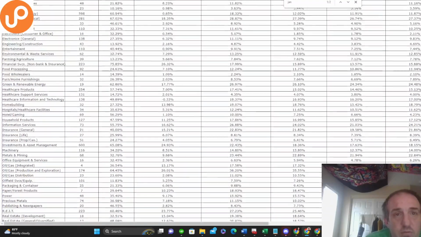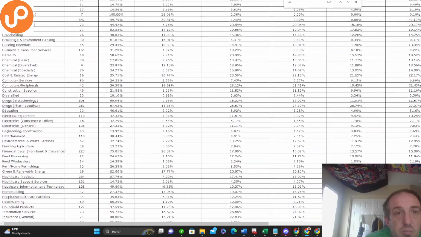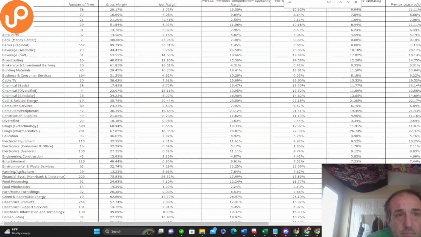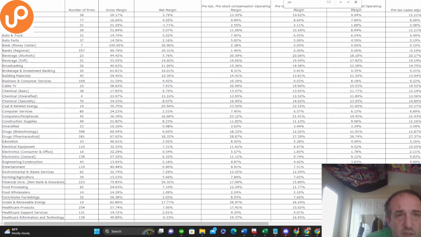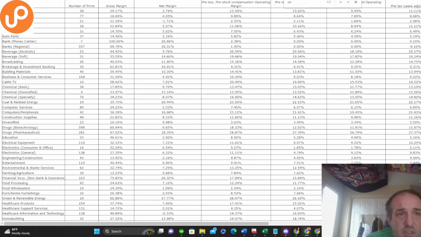Meanwhile, you have a bunch of 25s. You have a 30% net income, which means after tax, you've got companies that are making up to 30% profit, complete profit. But then with the gross margins, if you look at banks and money centers, they're at nearly 100% gross margin. But then you also have ones like apparel at 52%. But where's air transport? Air transport, 20% gross margin.